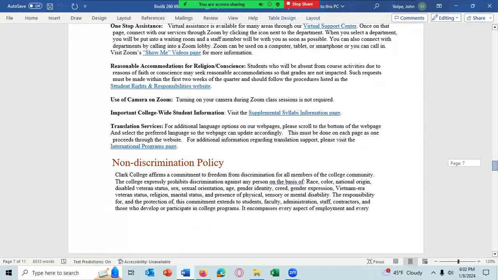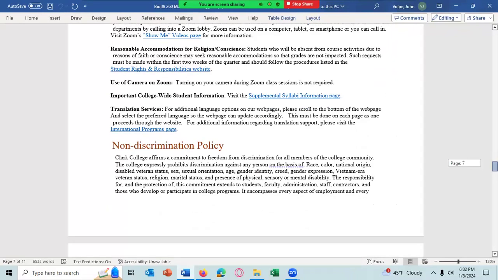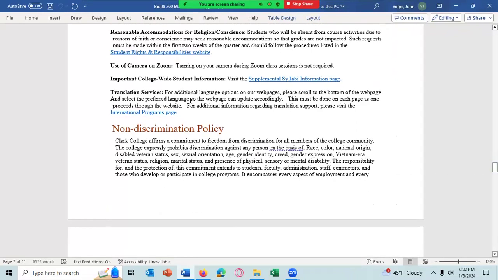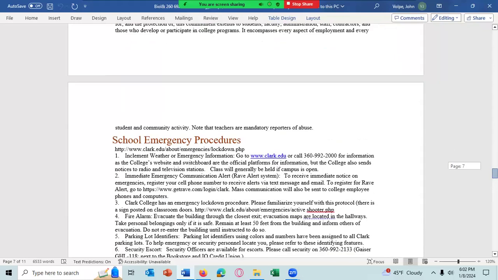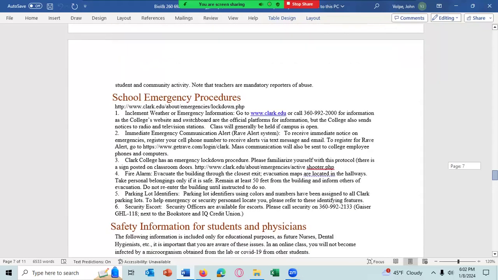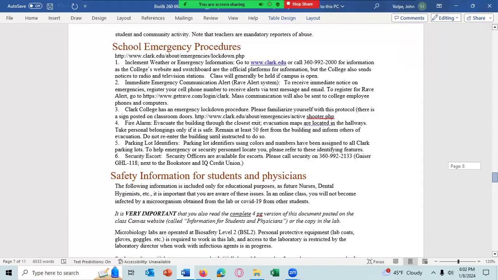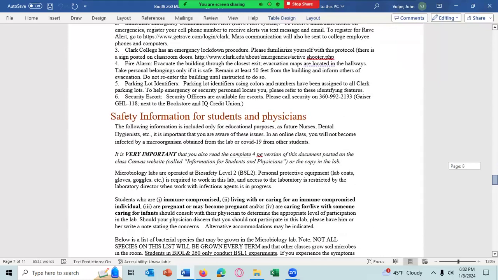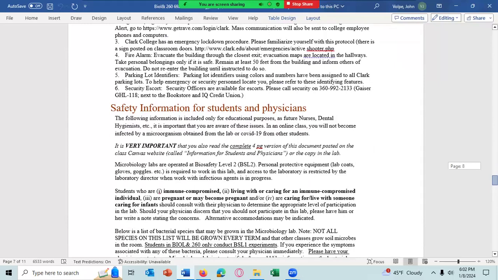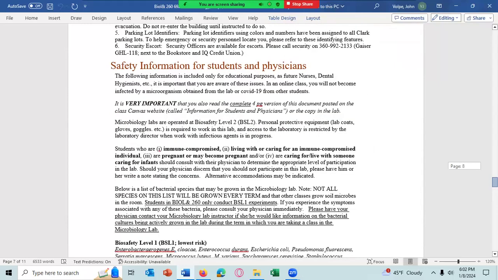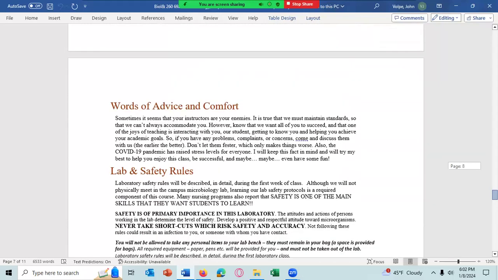Camera on Zoom, important college-wide information, I'll let you read about that. Translational services, I have no idea how that even works, so I'll let you read about that. Non-discrimination policy, I'll let you read about that. School emergency procedures, I think I'm going to let you read about that also. Safety information for students and physicians, I'll talk about that in the lab.